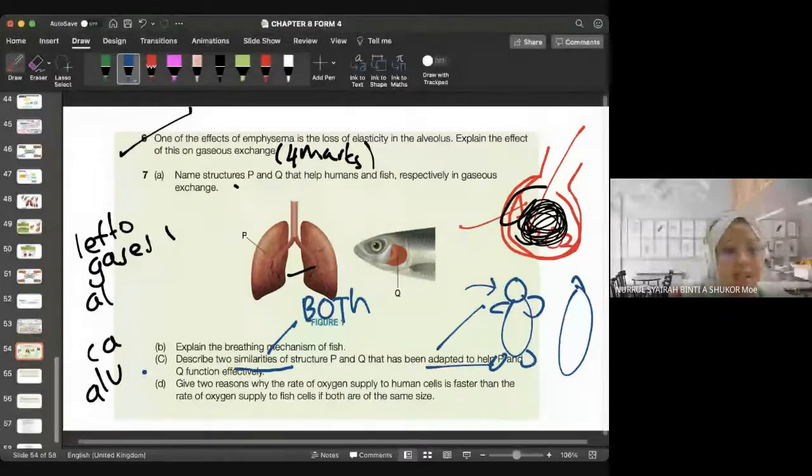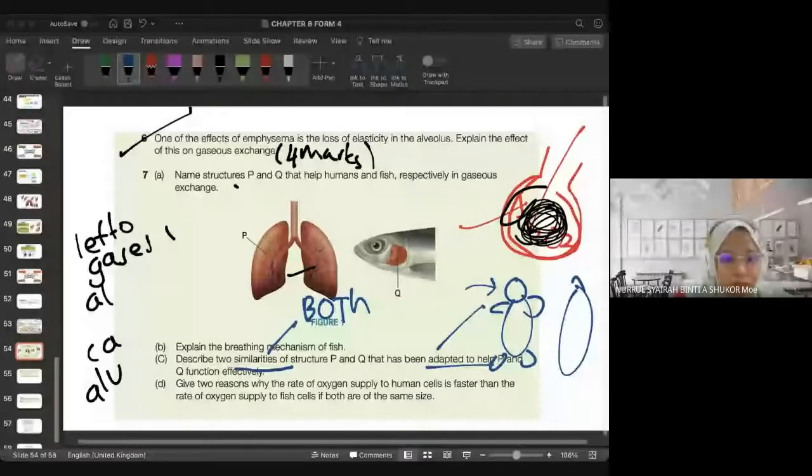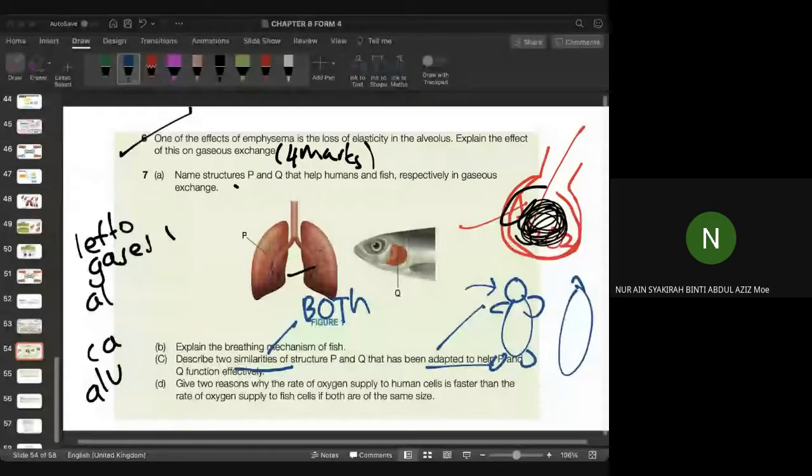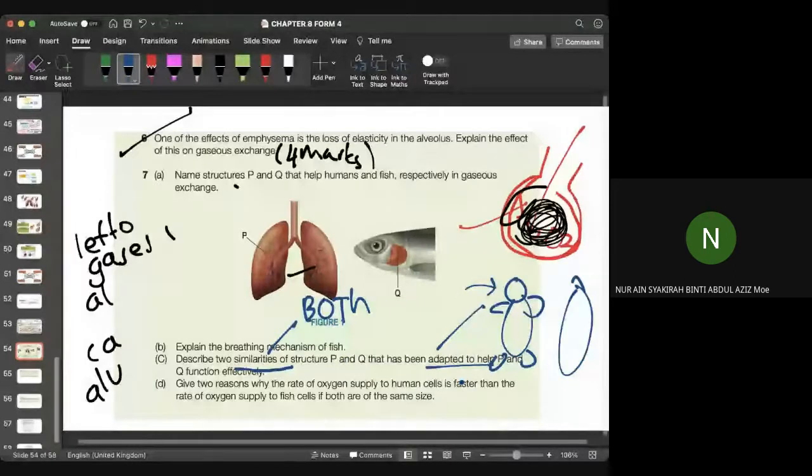Ain Shakira. What is the answer? The rate of oxygen supplied to human cells is faster because humans have diaphragm that allows more oxygen to enter the lungs. Besides, humans also have heart that is able to pump the oxygenated blood to the body cells faster.